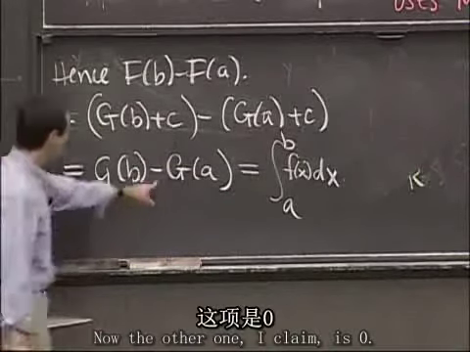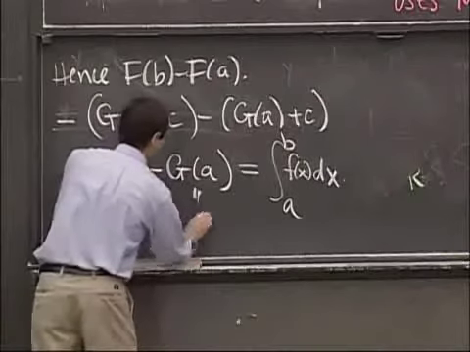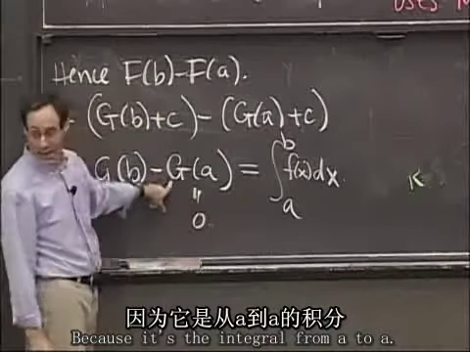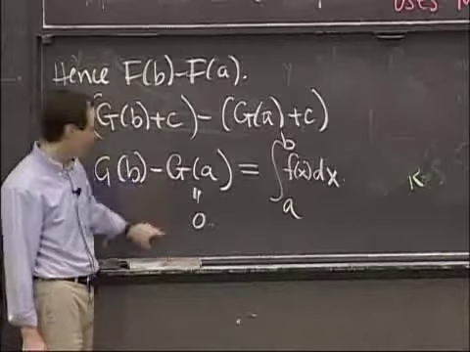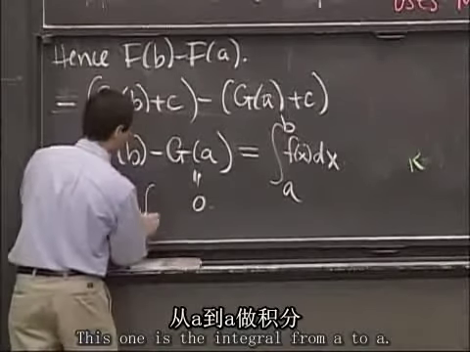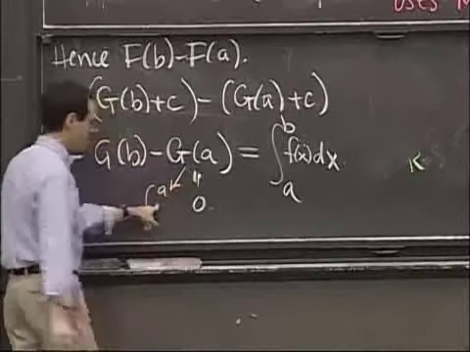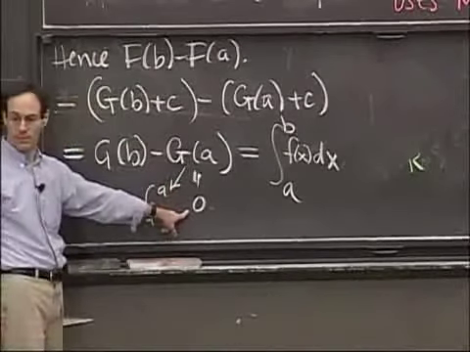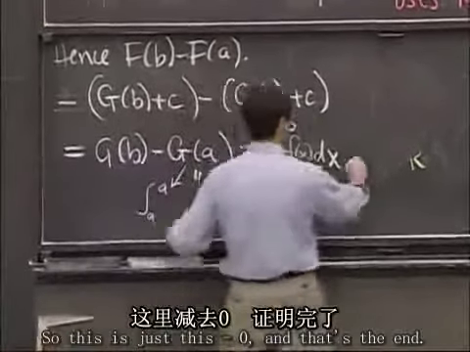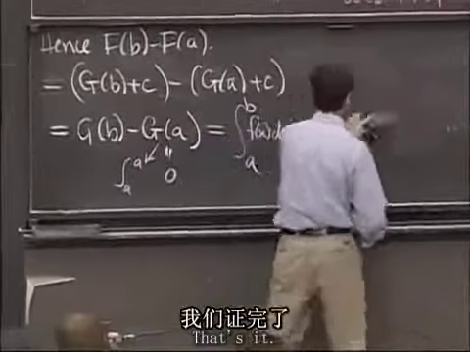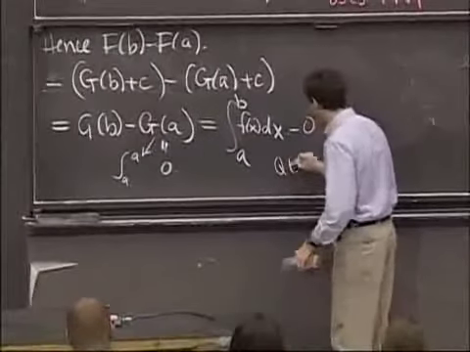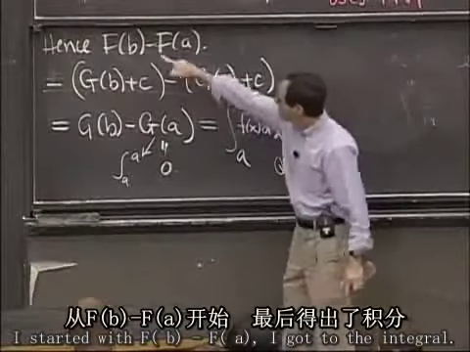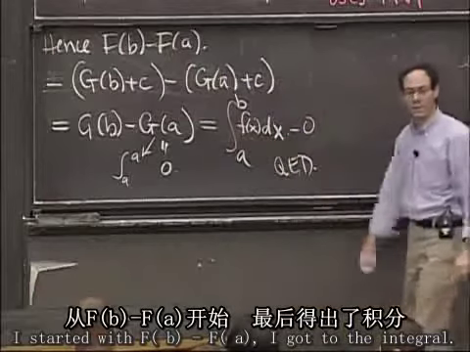Now, the other one I claim is 0, because it's the integral from a to a, which gives us 0. So this is just this minus 0, and that's the end. That's it. I started with f of b minus f of a. I got to the integral.